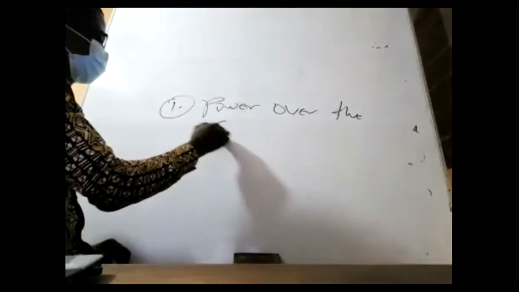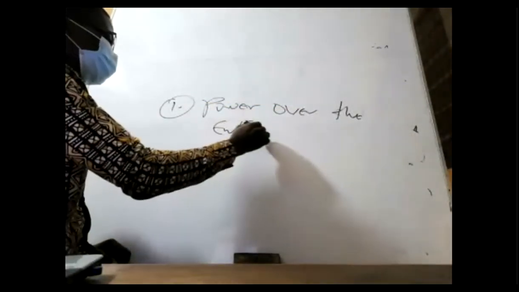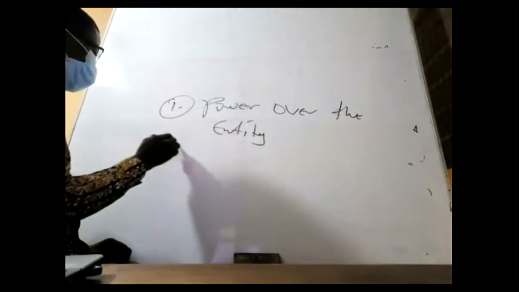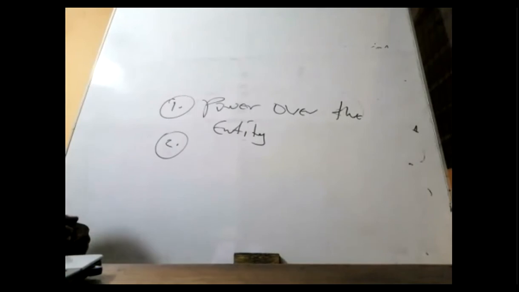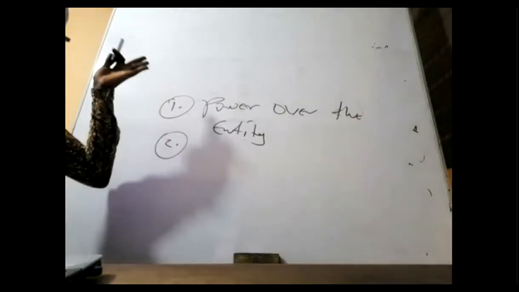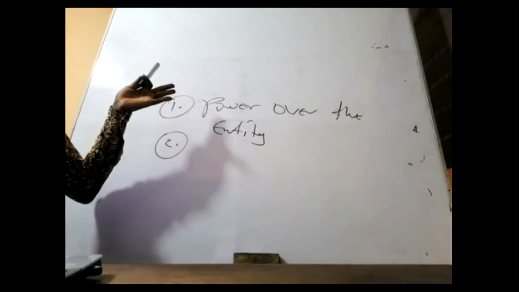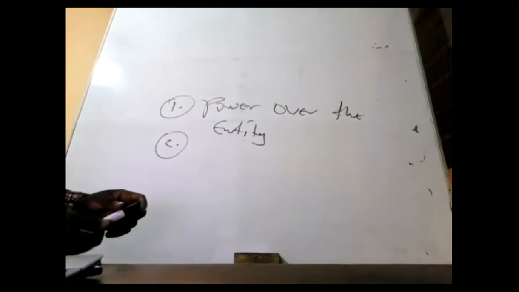We talk about when you have power over the entity. For instance, where you can remove members from the board. I'm just extending the three points I gave out.